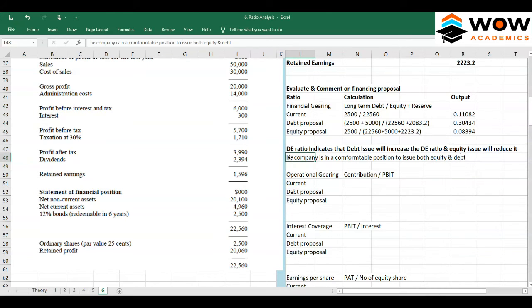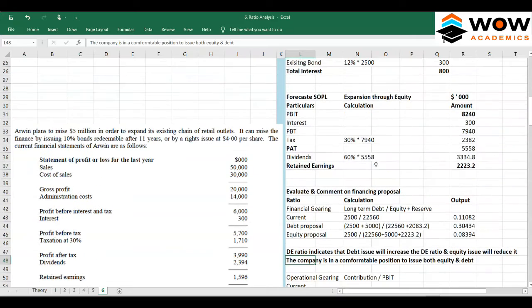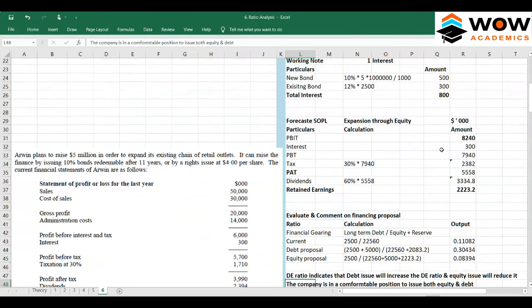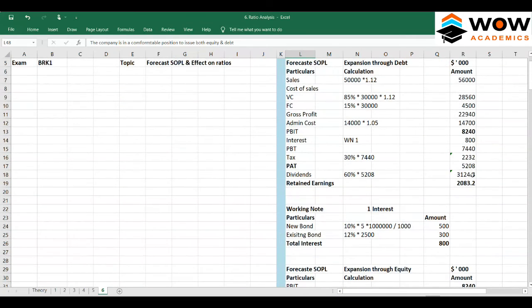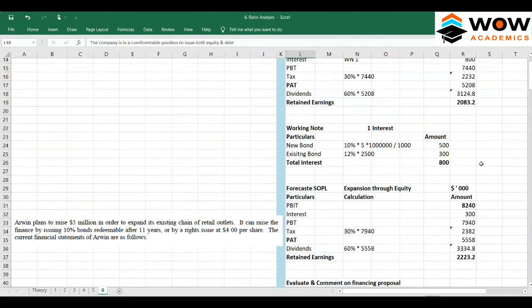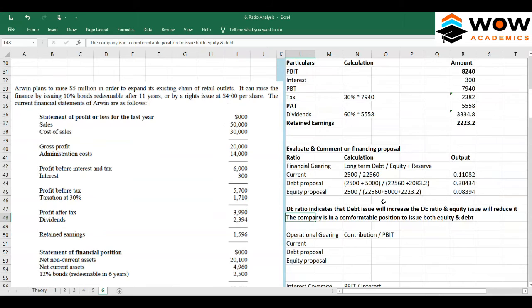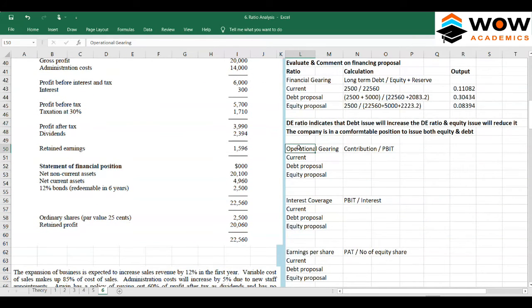Okay, so if you want, we can check whether the profit is increasing or not. That you can check. So if you go for debt, actually the profit comes to 5208. So if you go for equity, it comes to 5558. So it is better to issue equity itself. Okay, it's not much tax benefit we are getting. So that is the concept here.